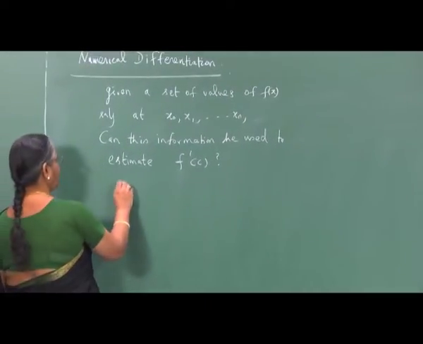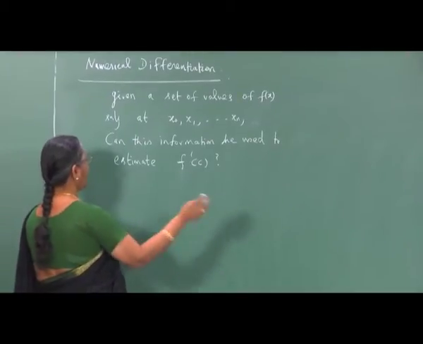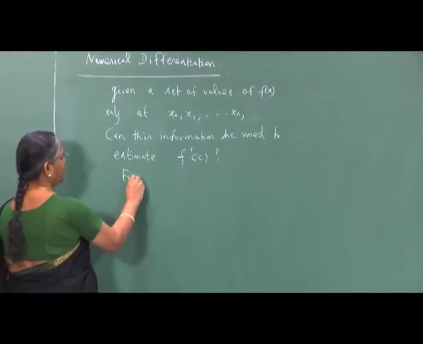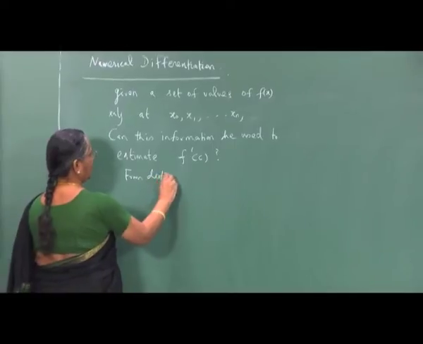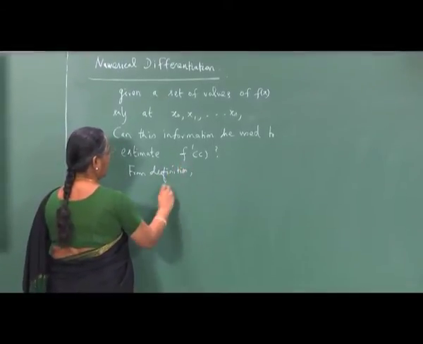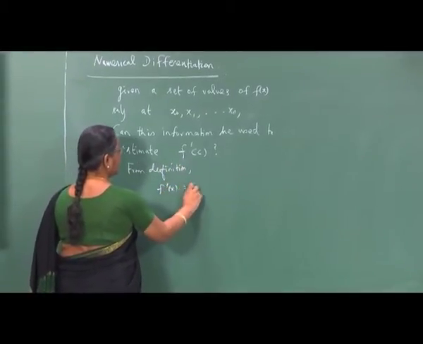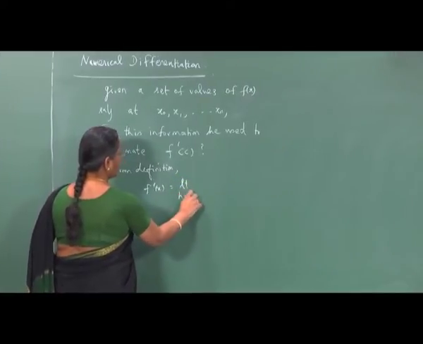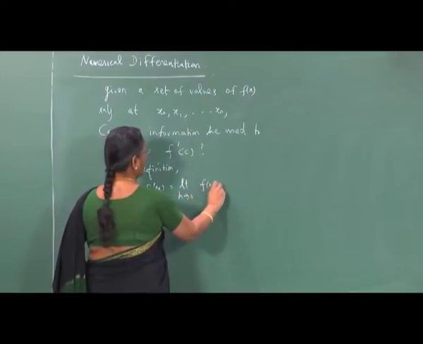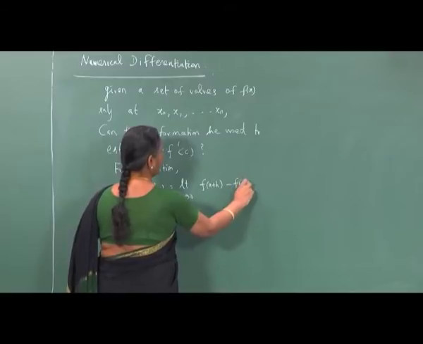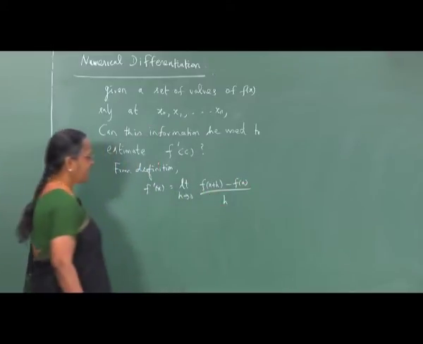So, we know from the definition of the first derivative that f dashed of x is limit as h tending to 0 of f of x plus h minus f of x divided by h.